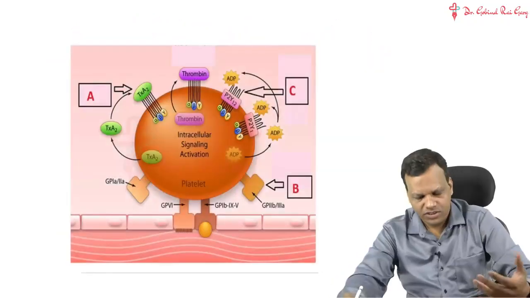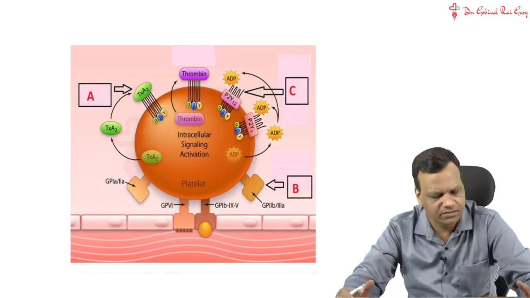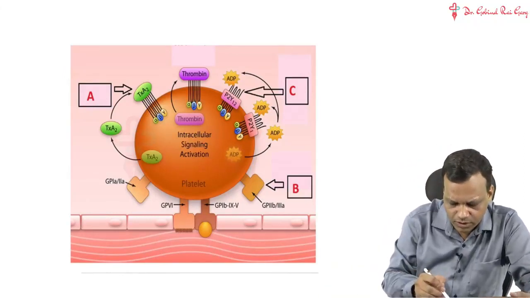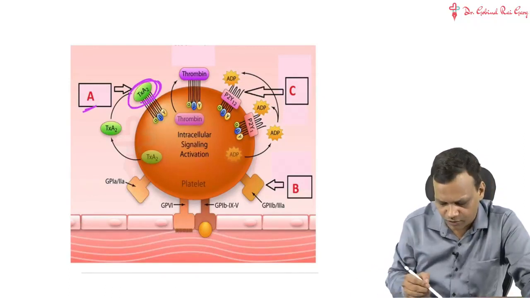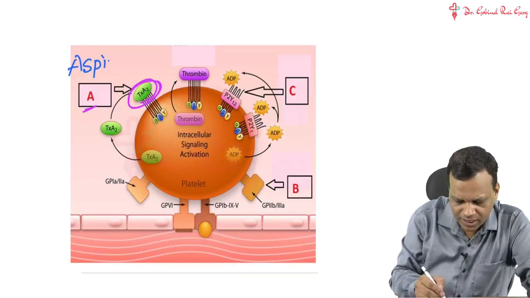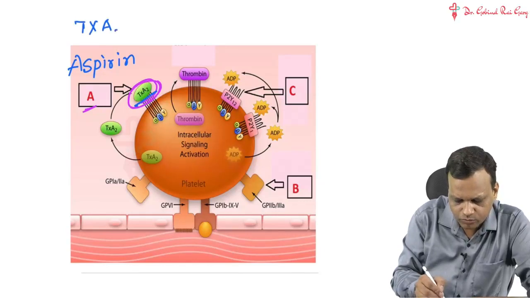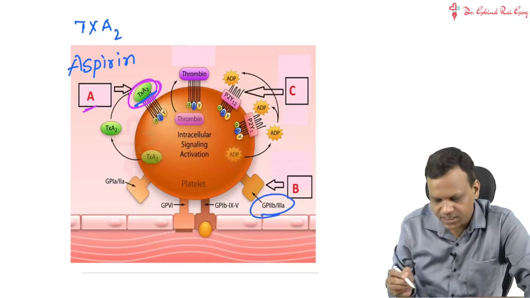Okay. Now this is the image of the mechanism of antiplatelet drugs. This is the easy one. Drug A inhibits thromboxane A2 formation, and thromboxane A2 formation is inhibited by aspirin. So aspirin inhibits the formation of thromboxane A2. Here B, the drug is working on 2B3A receptors.